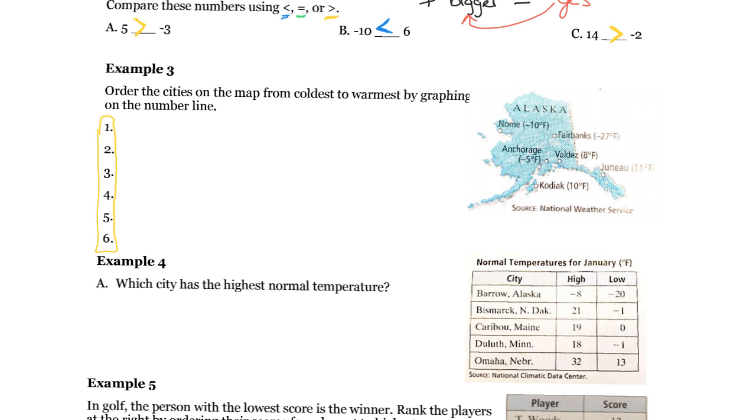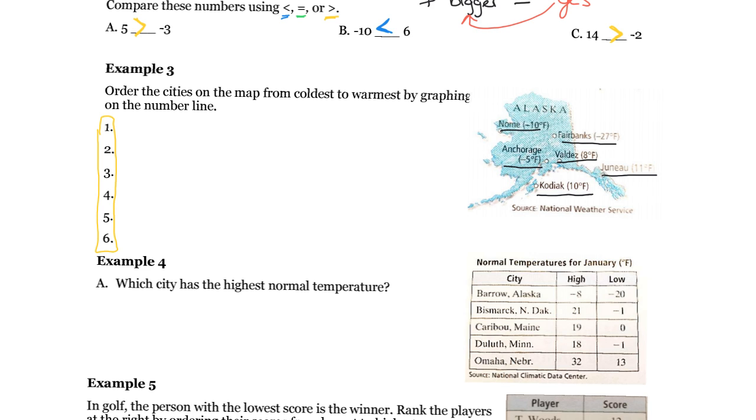Okay. So thinking about these cities, we have Nome, Fairbanks, Valdez, Anchorage, Juneau, and Kodiak. Remember, with negatives, the bigger the number, the smaller it actually is, or the colder it is.